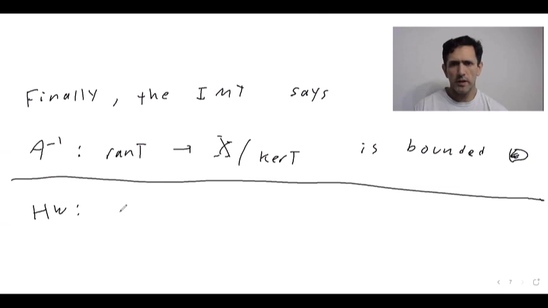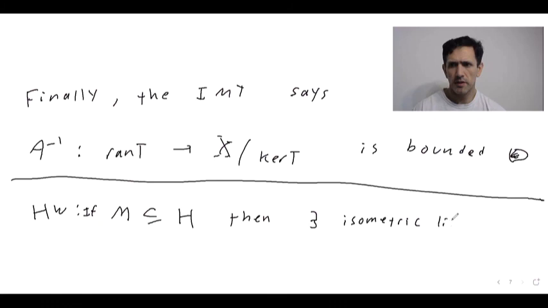So something that's quite interesting, if we're in the Hilbert space setting, so if I have a closed subspace M of a Hilbert space H, then I claim there exists an isometric linear bijection.